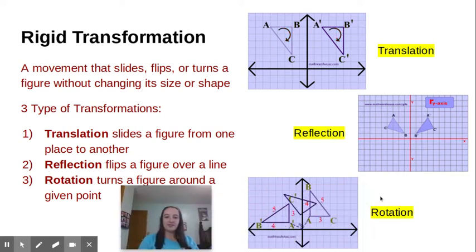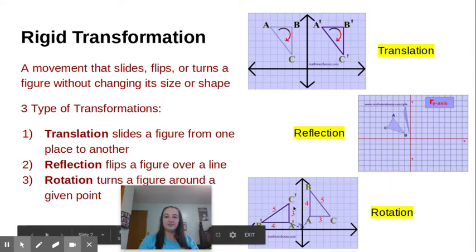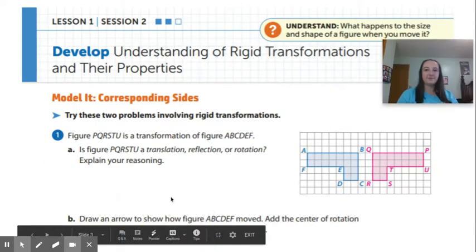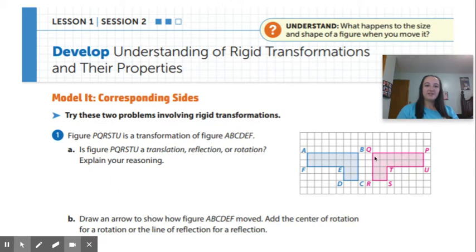And you can see those in the example here of our translation, rotation, and reflection. So when we get to the first problem, we have this figure here, A, B, C, D, E, F, and we need to figure out, is this new image a reflection, a translation, or a rotation?